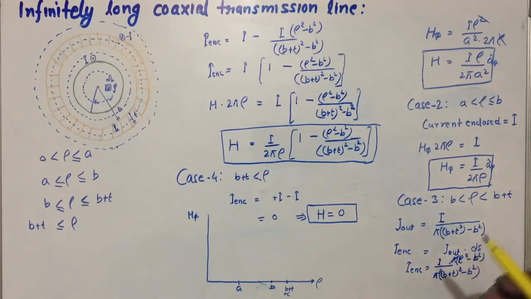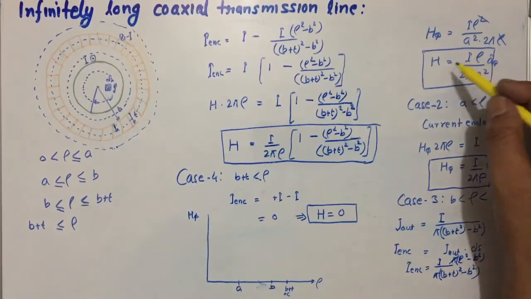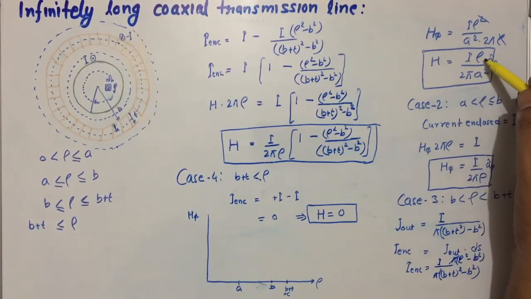So let us start. In case 1, when we derived, we found that H is directly proportional to the observer's distance from the center, that is rho.